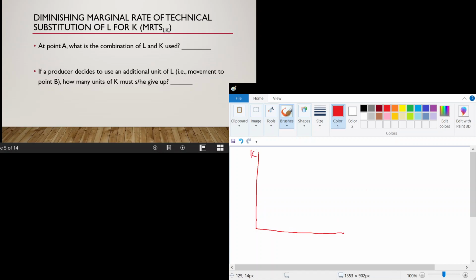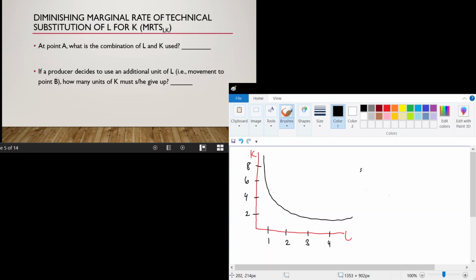Okay, so for example, we have here our K and L, and then we have here 1, 2, 3, 4, and then we have 2, 4, 6, and 8.